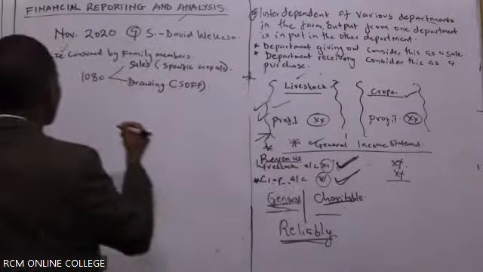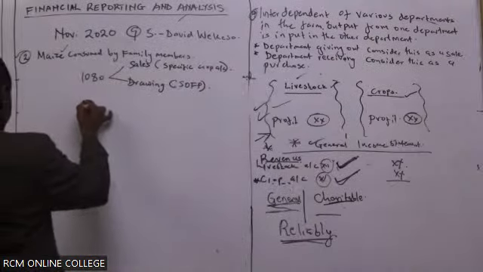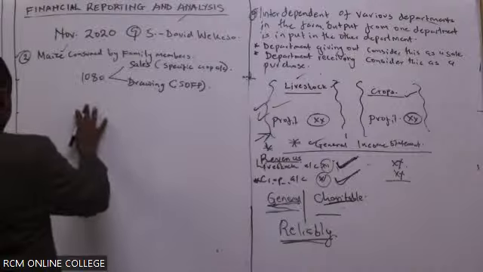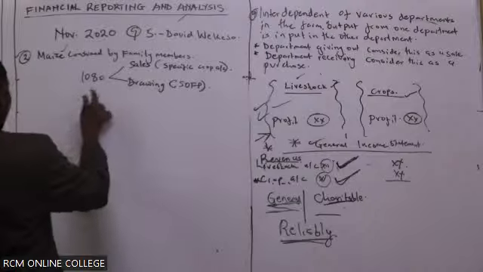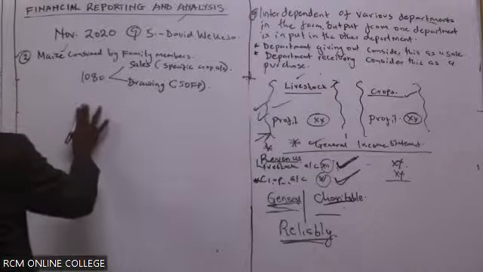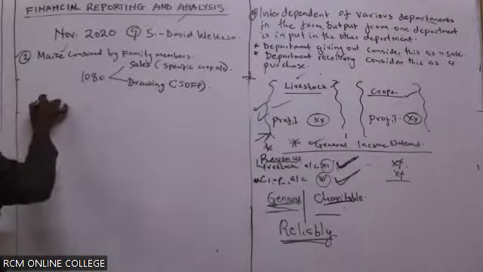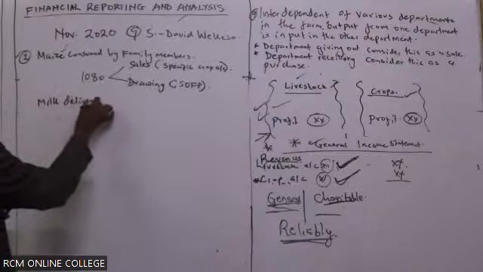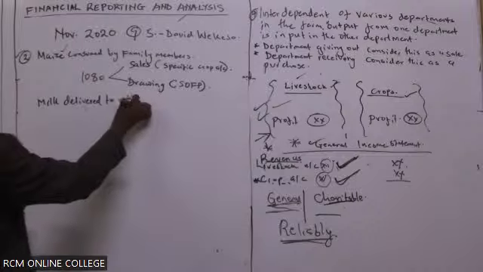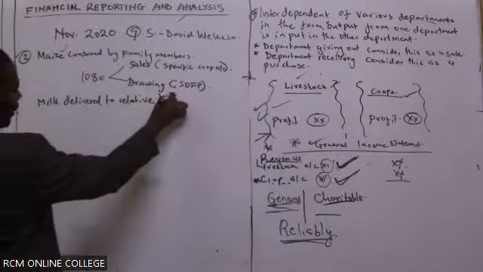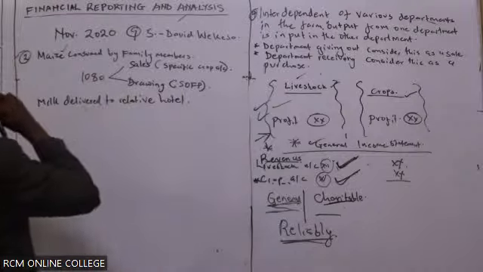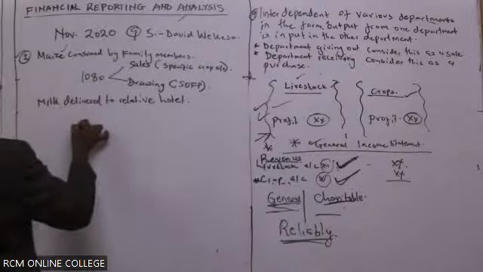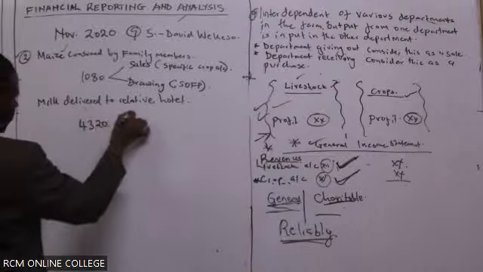Sale. This is how much? Where is that item? 4320. Milk delivered to relative hotel. This is an expense, general expense, so it is 4320.